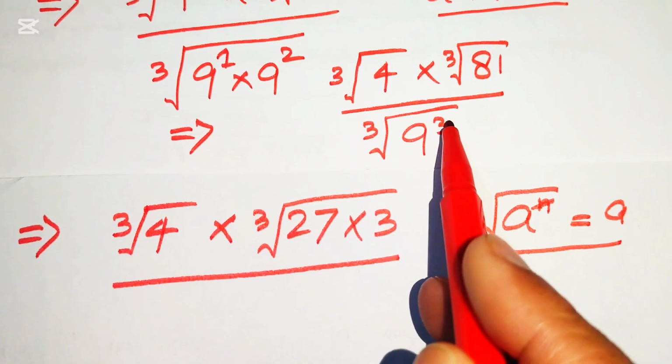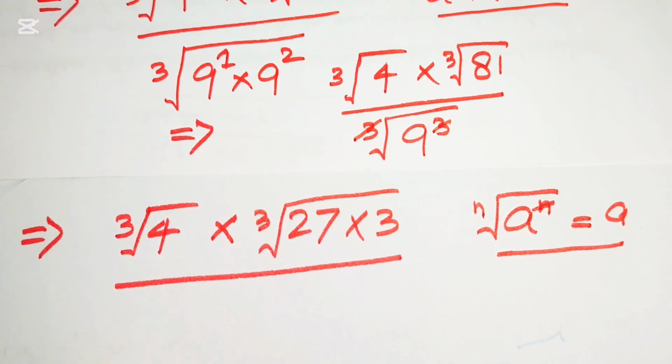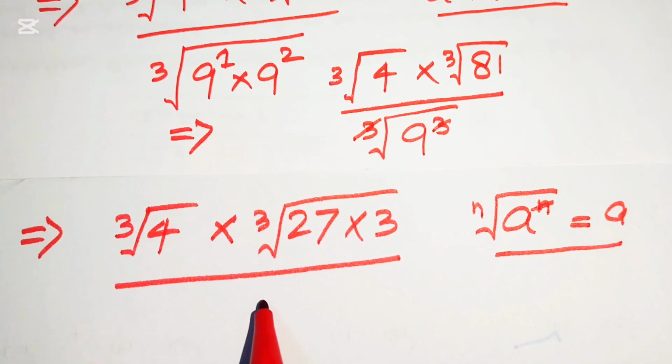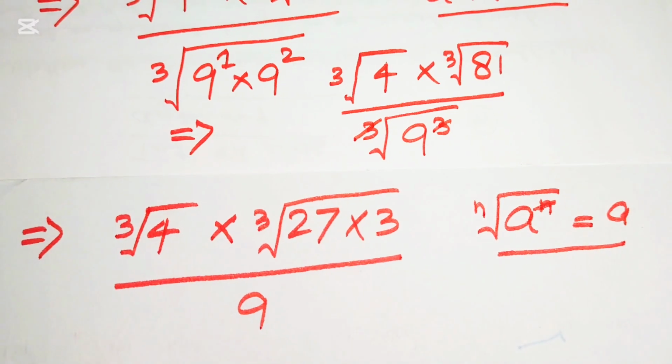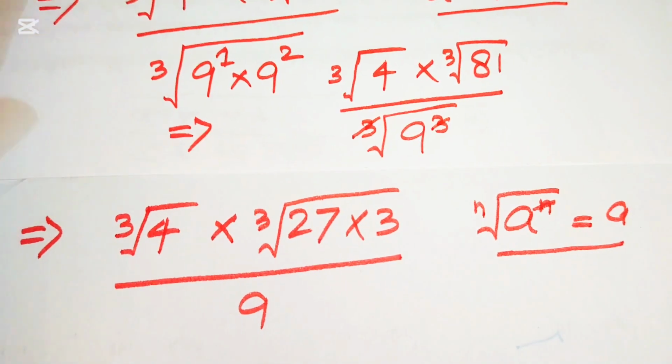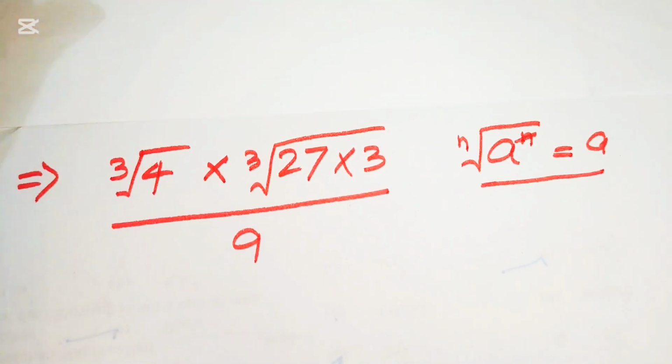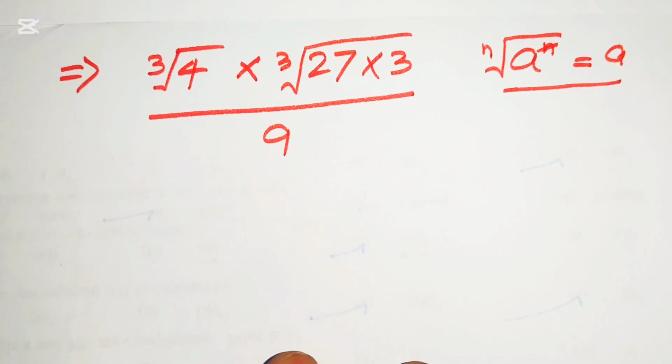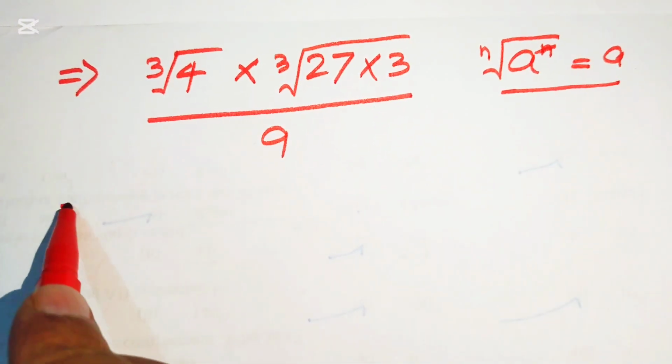So here the 3 and the cube root cancel each other and you get only 9. We need more working on this term in order to write it in the simplified form.